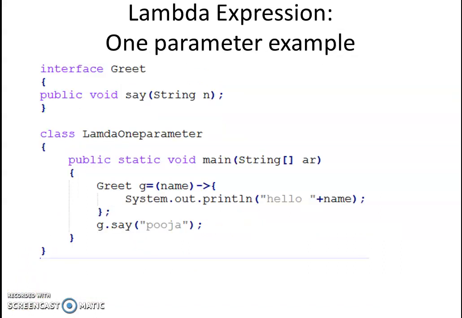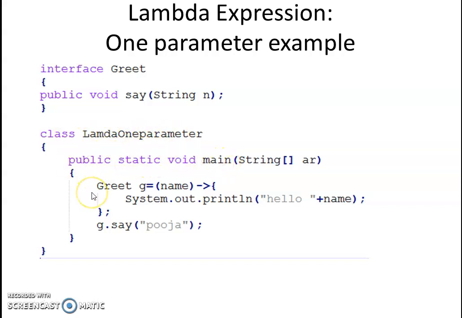Now the next program we have is one interface named greet. We have one abstract method inside greet with the name say that takes one parameter of string type. Now we have one class named lambda one parameter. We are writing the public static void main function.